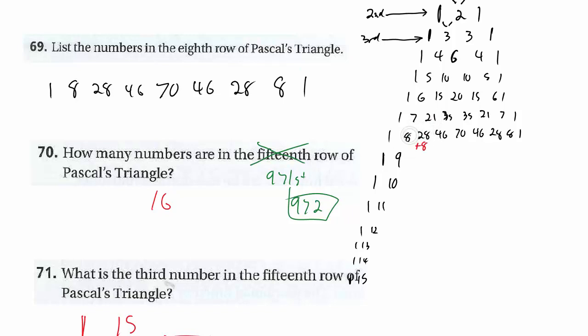If I add 8 to that, I get 36. Add 9 to that, I get 45. Add 10 and you get 55. Add 11 and you get 66. Add 12 to that and you get 88.